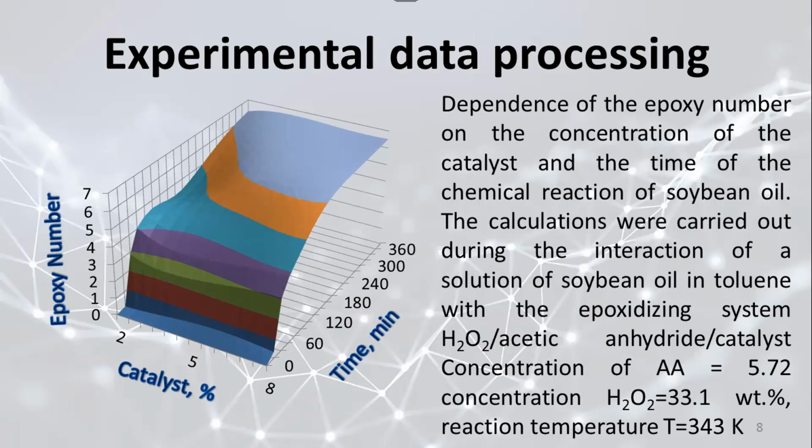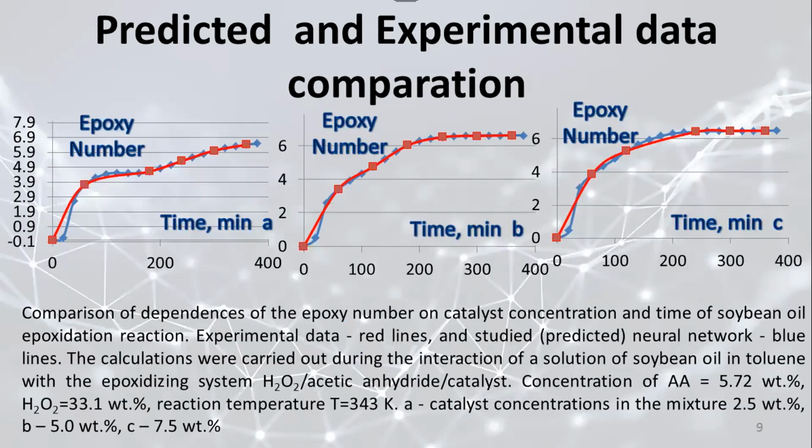The calculations were performed at the values of the concentration of the input substances for the corresponding temperature and presented on the slide. A comparison of the dependencies of epoxy number on time in minutes of experimental data presented by red lines and predicted data by the neural network presented by blue lines.